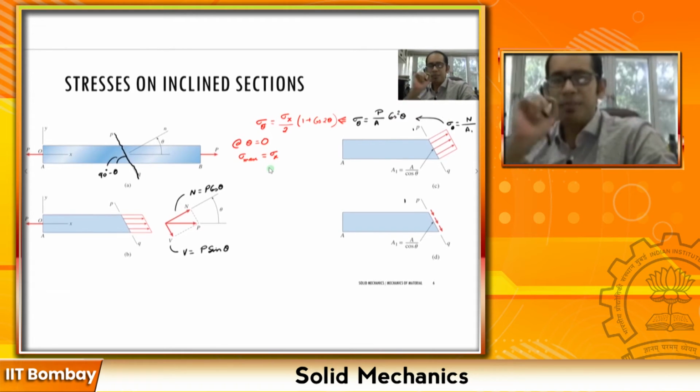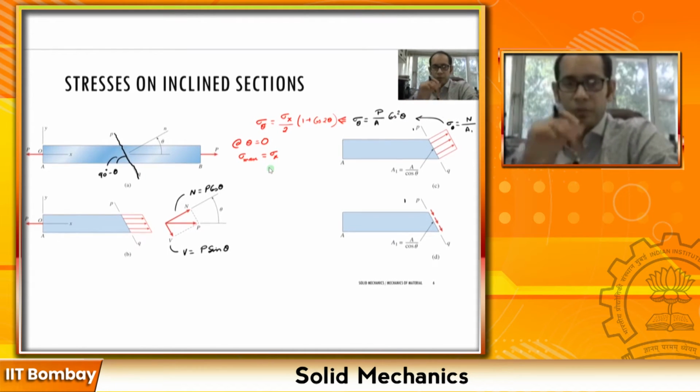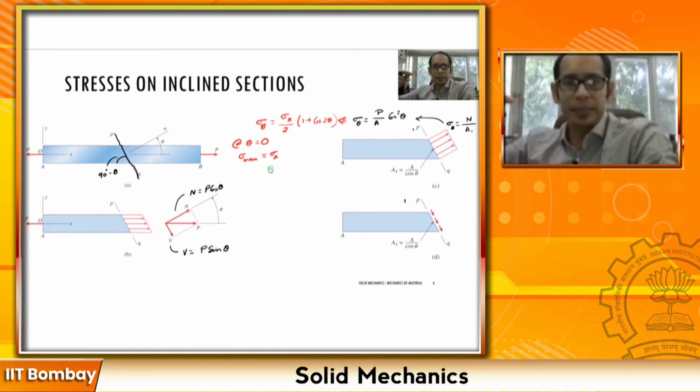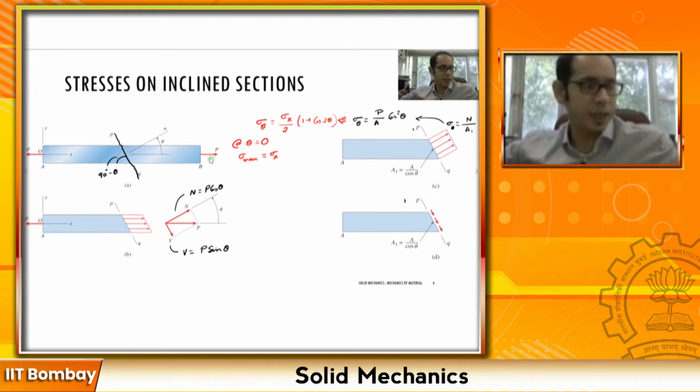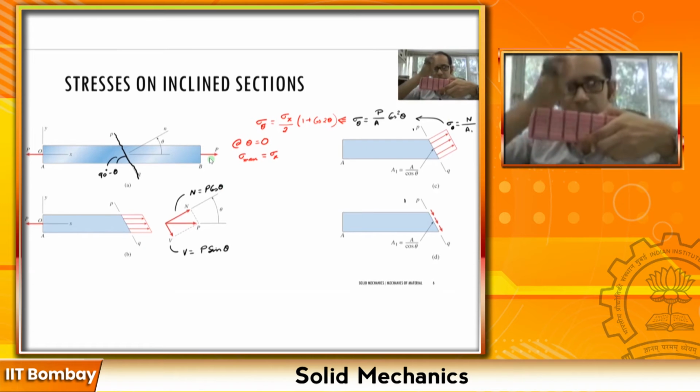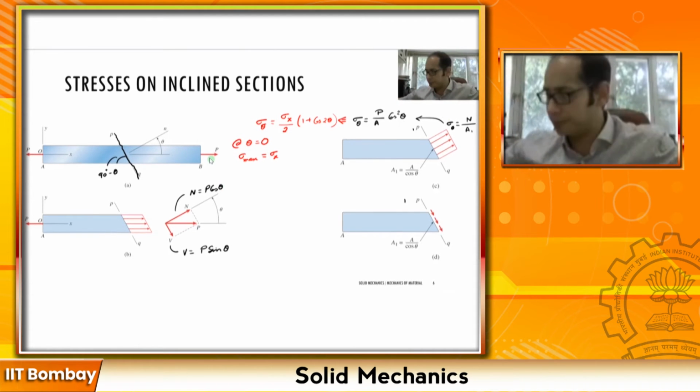Okay, so remember, whenever you're cutting these inclined planes, the maximum normal stress happens when theta equals to 0. That is when your outward normal points exactly towards this force P, or in other words, the section that you have cut is exactly perpendicular to this longitudinal axis, right?